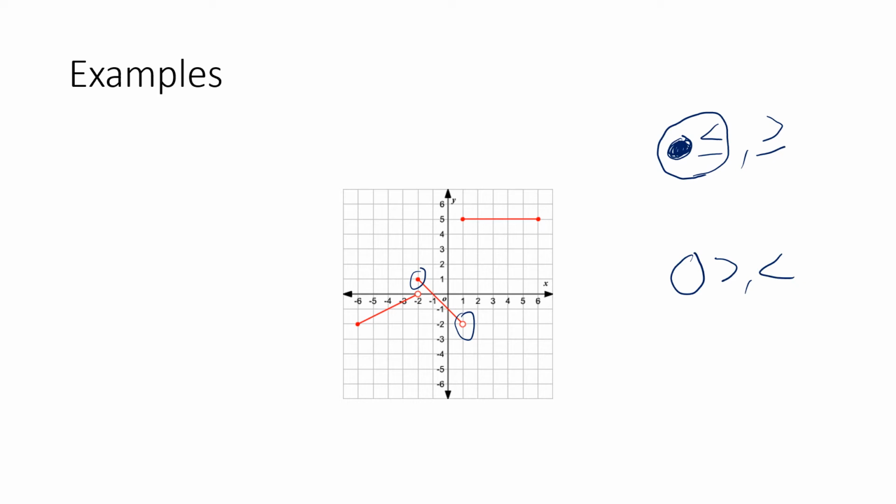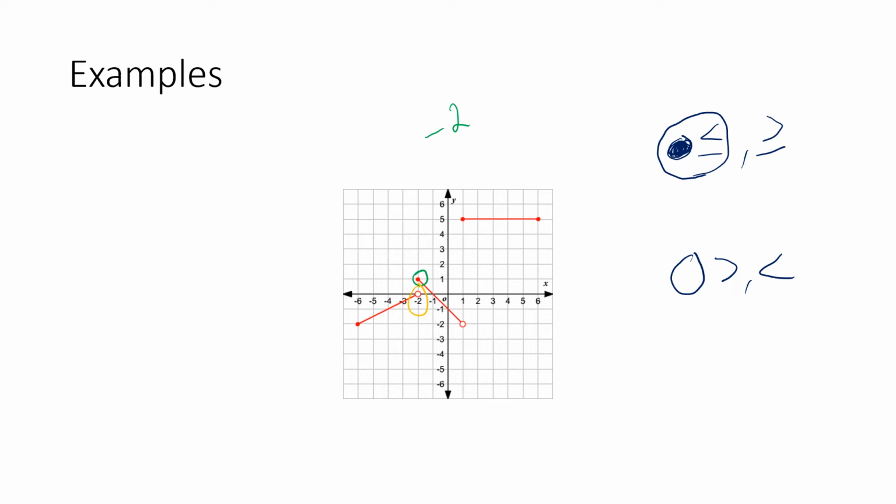So that means that here, let me erase these again. That means that this dot here is -2. It includes -2. But this one here, the open one, is anything up to but not including -2.